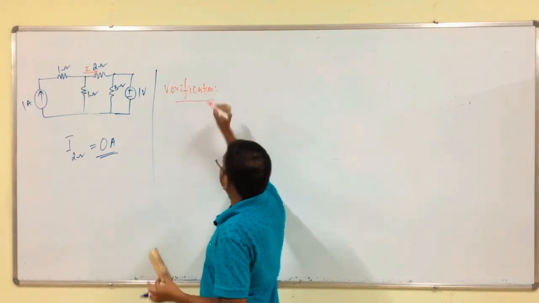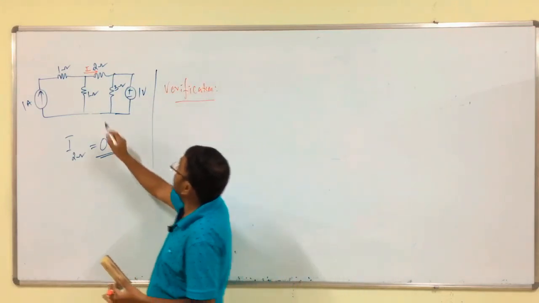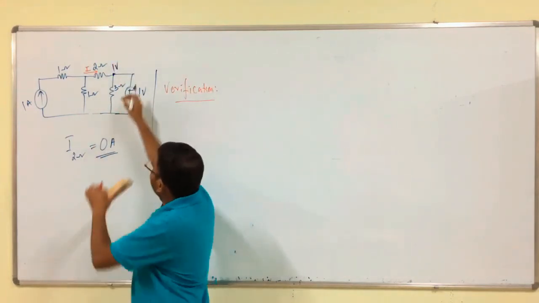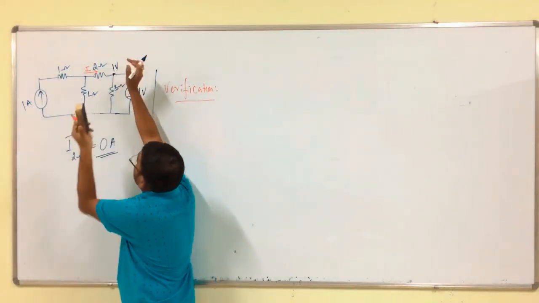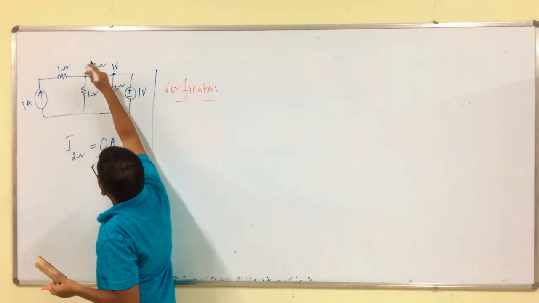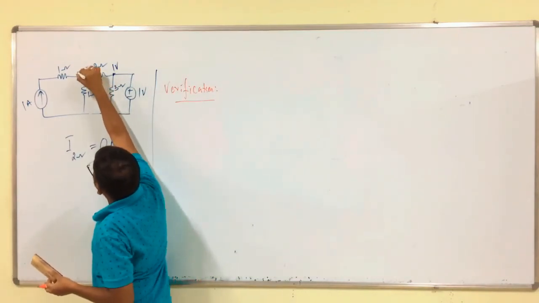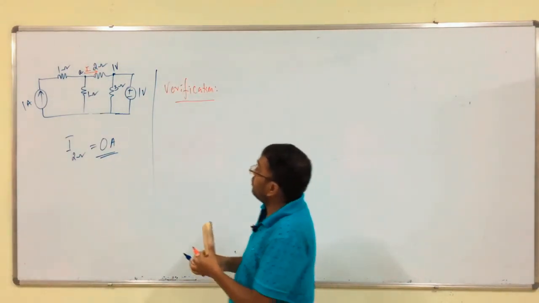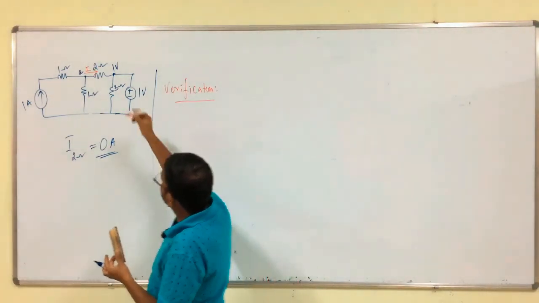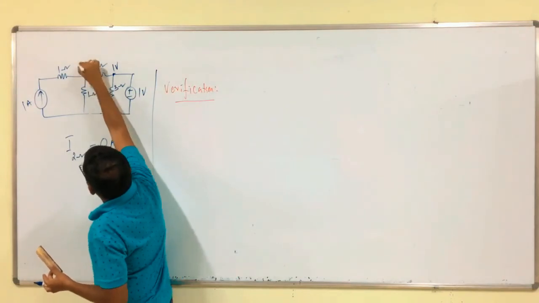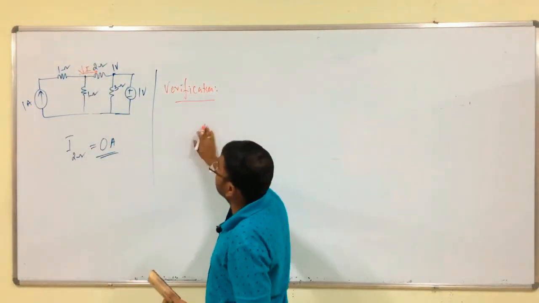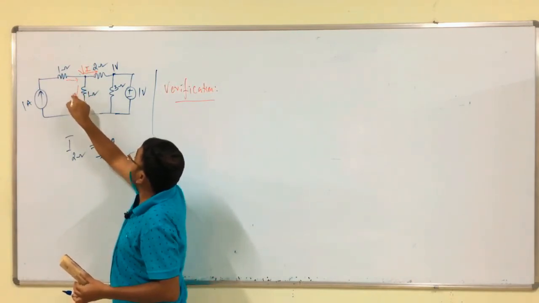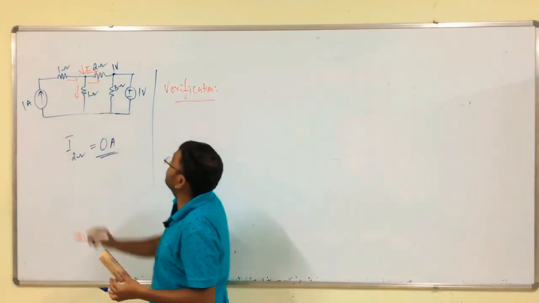Verification. This should be equal to 1 volt, because this voltage source is connected across this branch, and we do not know the value of voltage at this node, that is node A. So, let it be V. Here the current is entering towards this node, like this and like this.